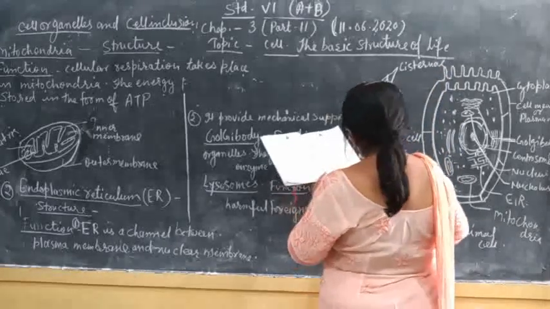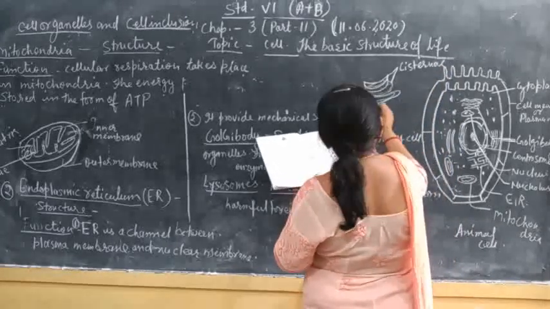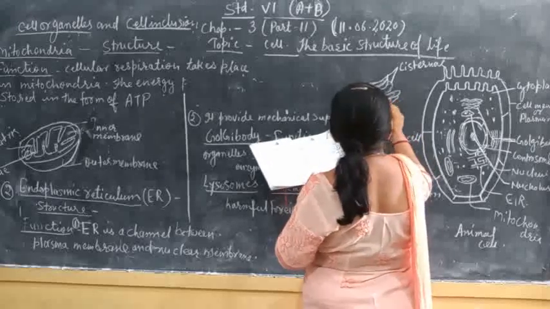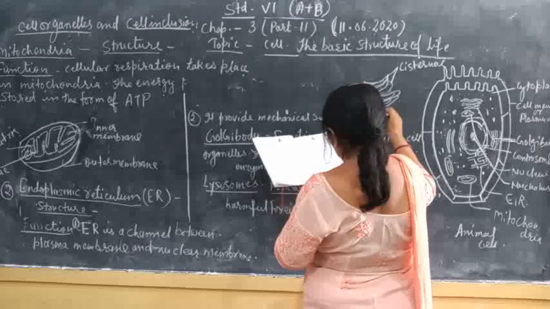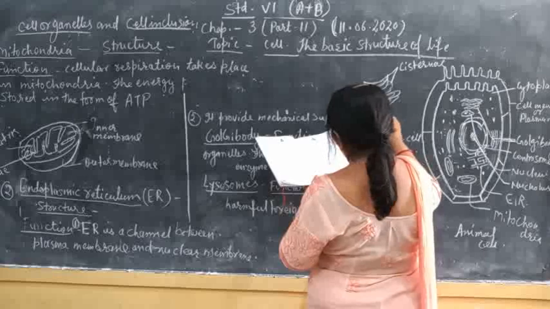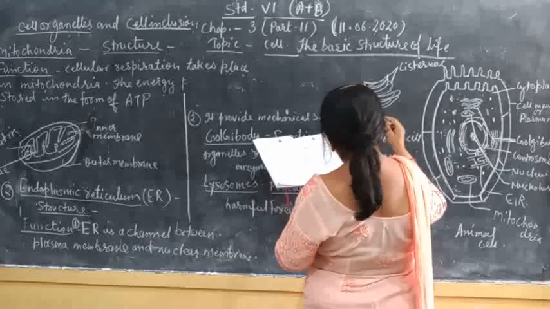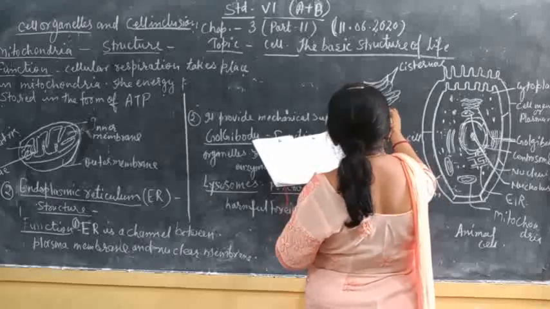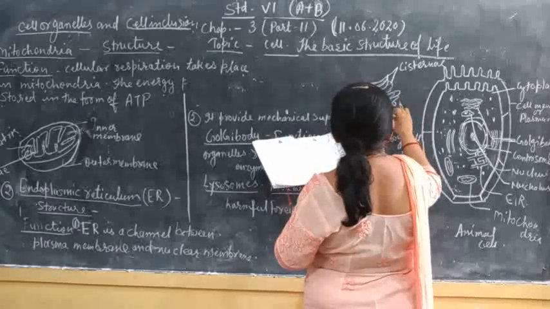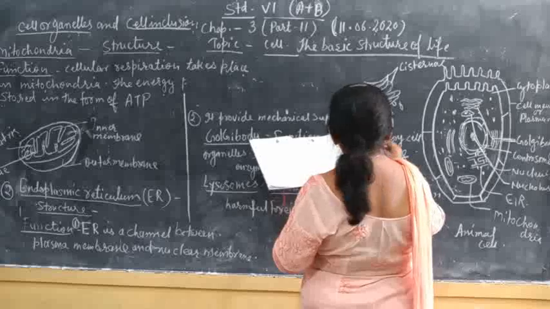And vesicles are the budded outgrowths of the cisternae.